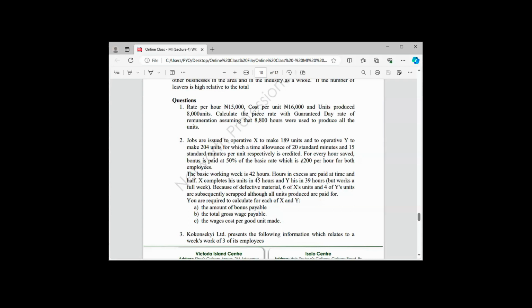Although all the units produced are paid for, you are required to calculate for each of X and Y the total amount of bonus payable, the total gross wages payable, and the wages cost per unit made.